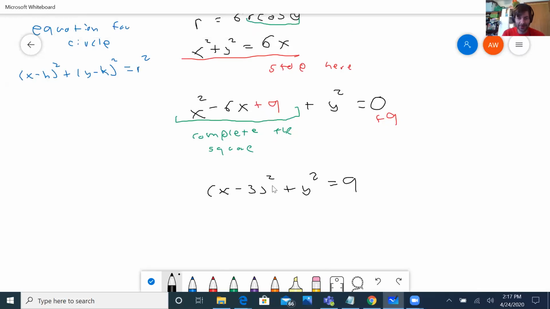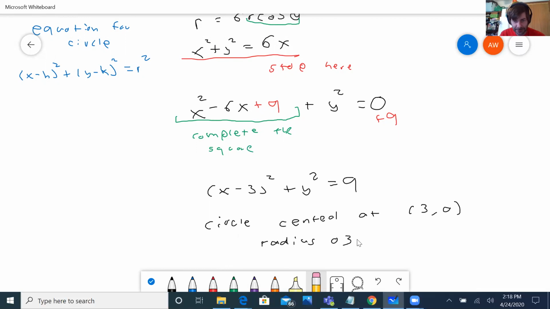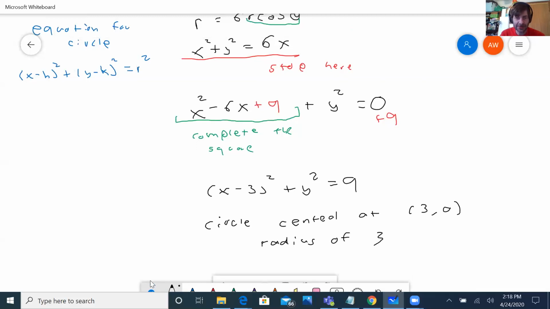And I guess what's interesting about this is that this is a circle at 3, 0 with a radius of 3. So I guess the reason that's interesting is I actually get an idea.